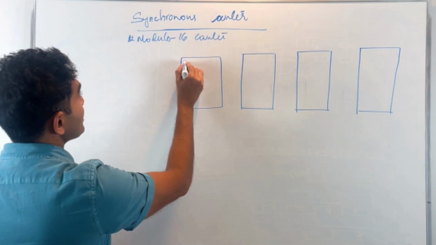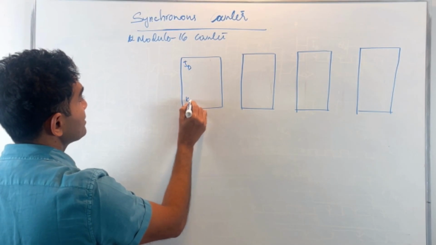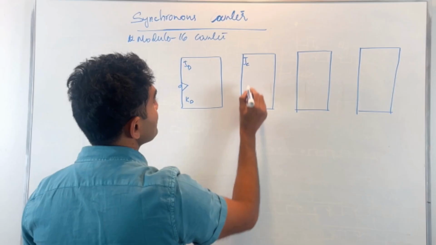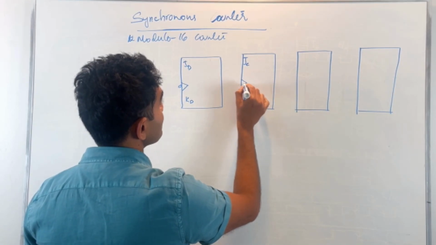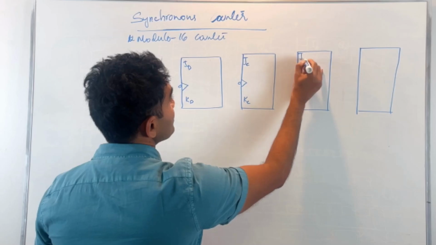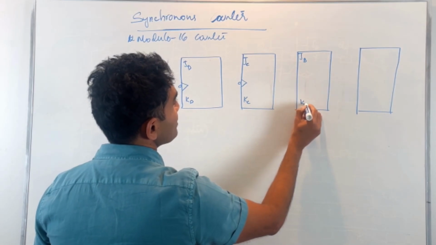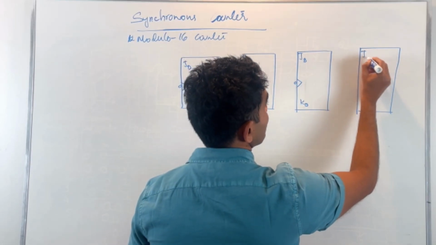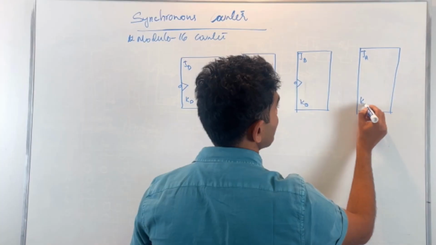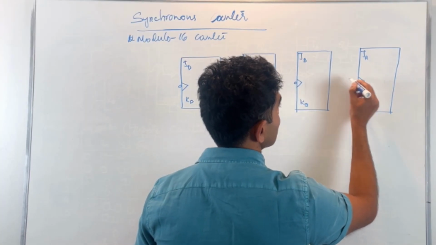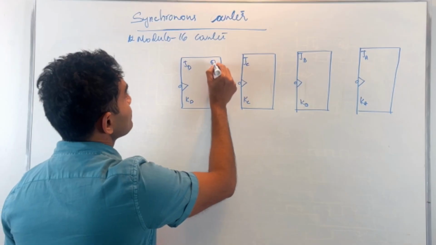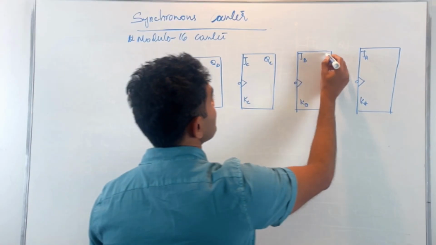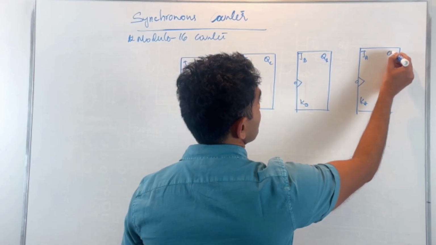Let me call this JD, KD, JC, KC, JB, KB, JA, KA, that's Q, QD, QC, QB, QA.